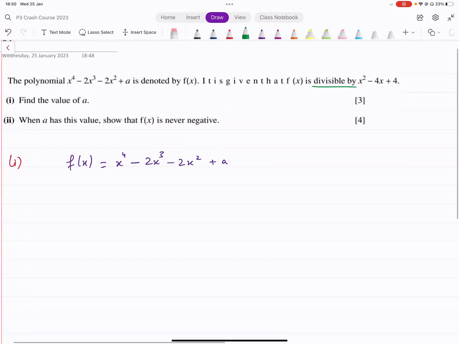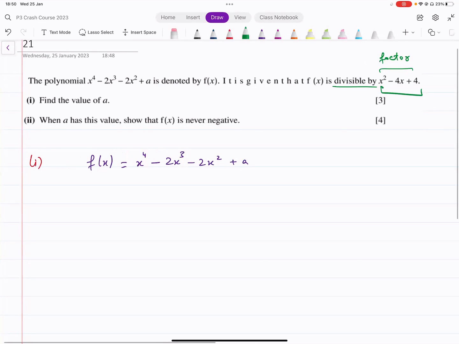Divisible by, that means this thing is a factor. It's divisible by x squared minus 4x plus 4. This is a factor, x squared minus 4x plus 4. Given this, we need to find the value of a first. That's the first thing we've got to do.